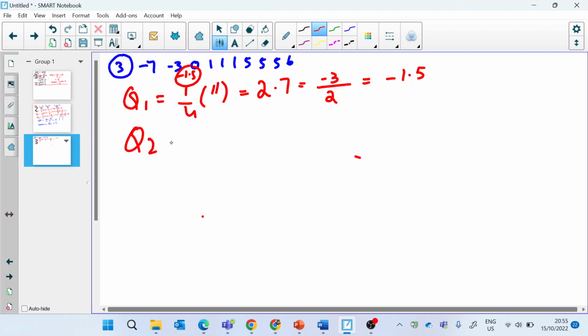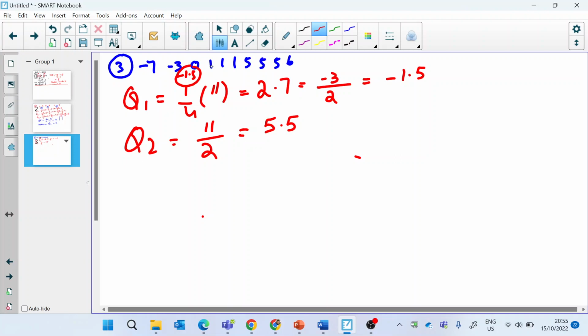We solve for Q2, that gives us 11 by 2, which is 5.5, a value between the fifth and sixth value. So we take the average, or the mean, of the fifth and sixth value.